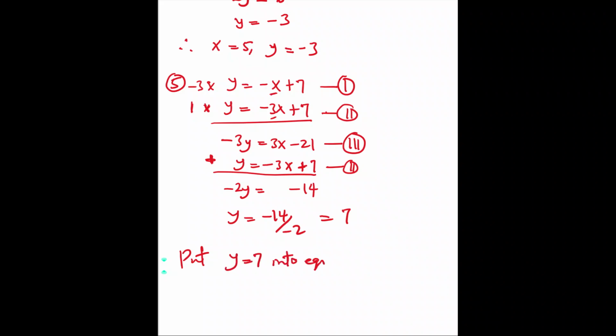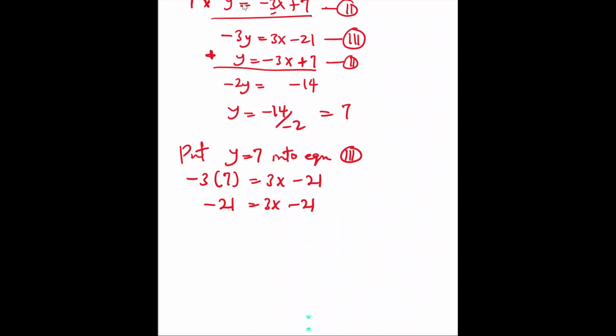So now let's put y equals 7 into equation 3. So that will be minus 3 into 7 equals 3x minus 21. So minus 3 times 7 is minus 21, equals 3x minus 21.